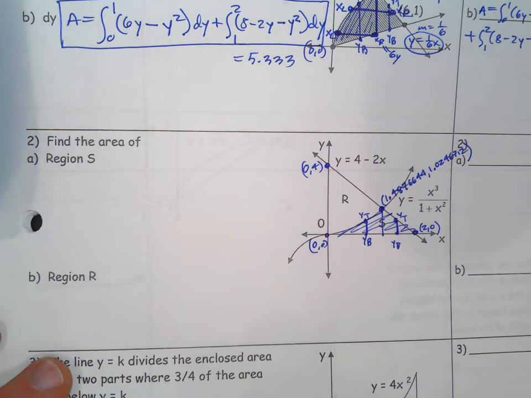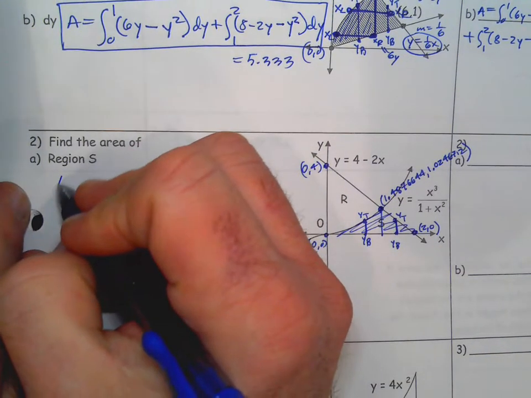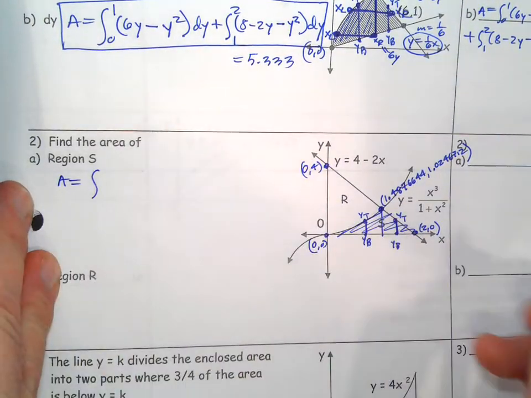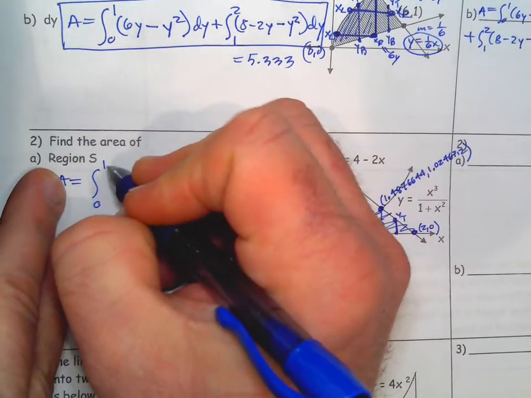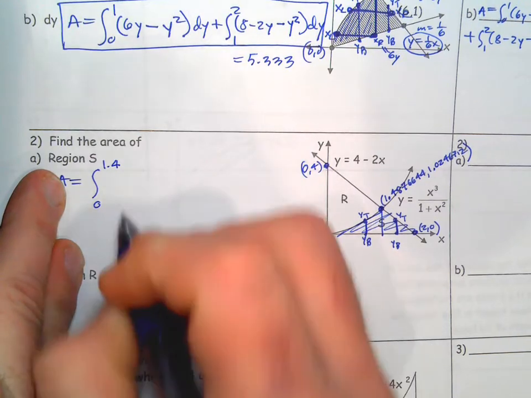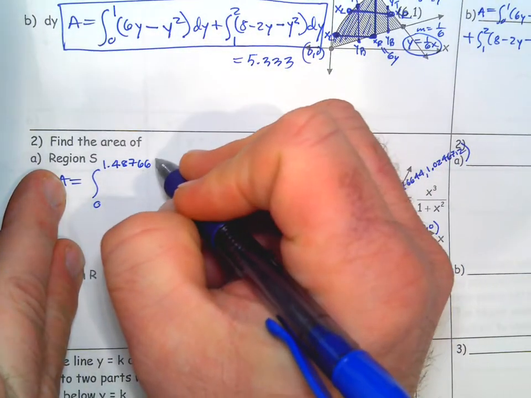Okay. So we got that on the picture. And so now we could say, okay, well, the area is going to be white. And we're going to integrate left to right. So 0 to that x, 1.4876644.